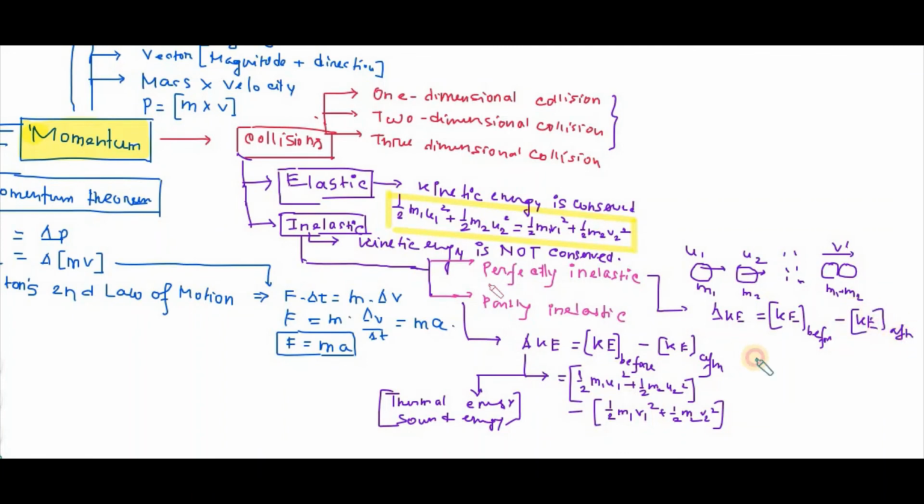The kinetic energy before the collision is half m1 u1 square plus half m2 u2 square, minus the total kinetic energy after the collision, which is half times the combined mass of the system, m1 plus m2, times the combined velocity v prime square. That is the difference in kinetic energy, representing the loss in kinetic energy in a perfectly inelastic collision.